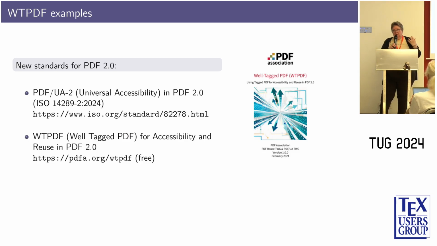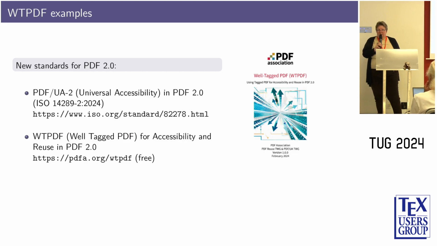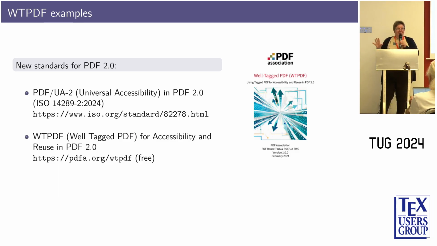And that's reuse, and it's a bit of an extension, but you get it with tagging more or less at the same time as you get accessibility. This you get at the PDF.org page, and it's free, and it's more or less the same text as PDF/UA, with a bit more in it. So if you're interested, it's really enough to get the second standard.